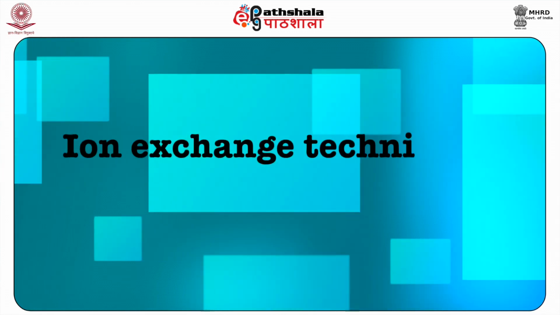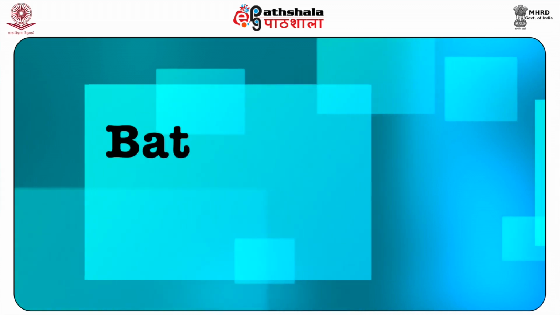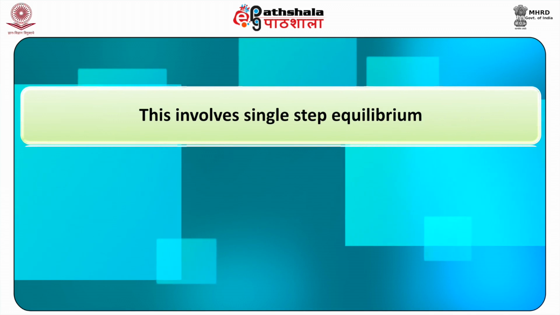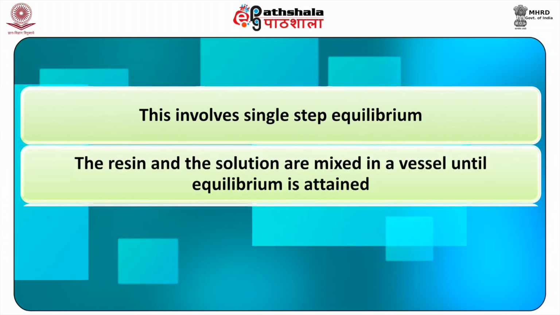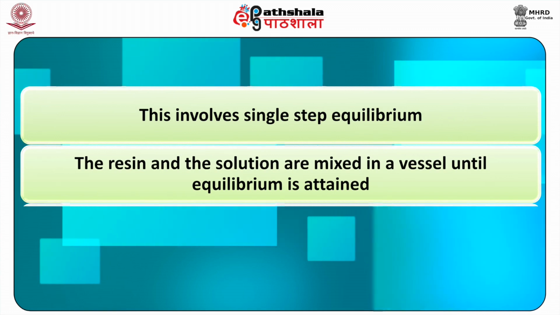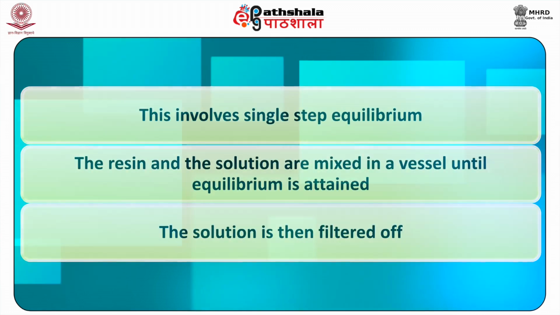Ion exchange techniques. Two techniques are generally used to bring solutions in contact with the ion exchange resins. They are, firstly, the batch method. This involves a single step equilibrium. The resin and the solution are mixed in a vessel until equilibrium is attained. The solution is then filtered off.